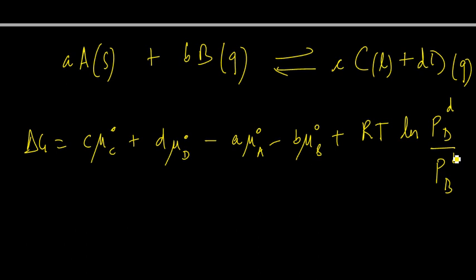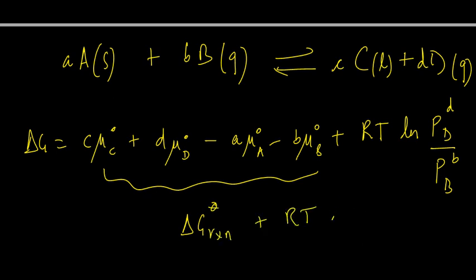Right? So that's your delta G naught for the reaction plus RT log Q, equilibrium or KP or whatever you wish to call it. This is fine?